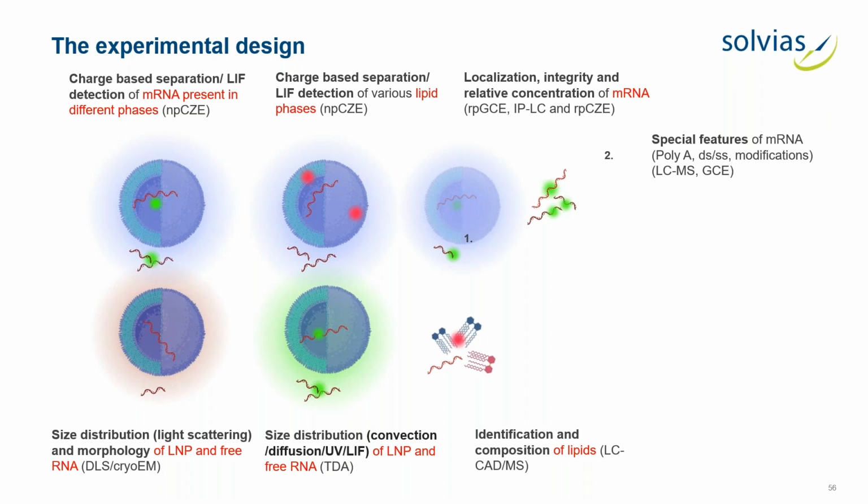Looking at non-modified LNP systems, DLS is really well established. And here we derive the hydrodynamic radius by a combination of light scattering with Brownian motion. cryoEM in the same category is like a picture book which tells us exciting stories whereby we learn a lot of morphology and structure.